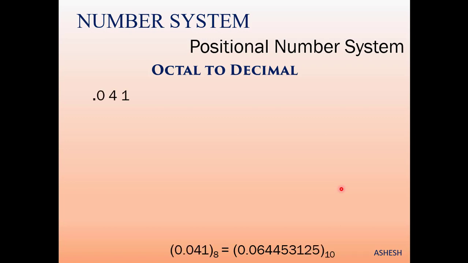Now our octal number is 0.041. We will convert that octal number to decimal. We will write on top of that number -1, -2, -3.